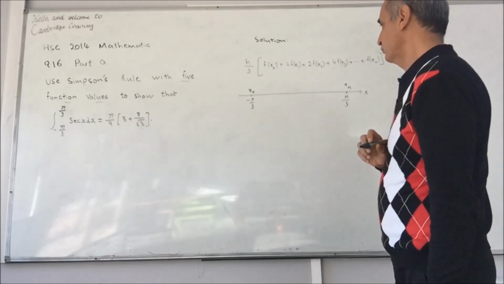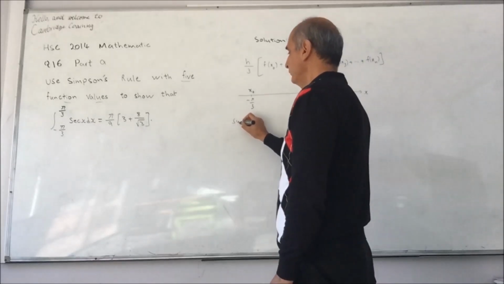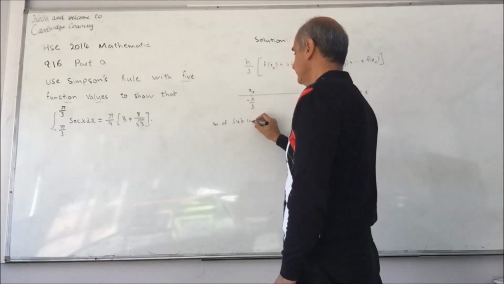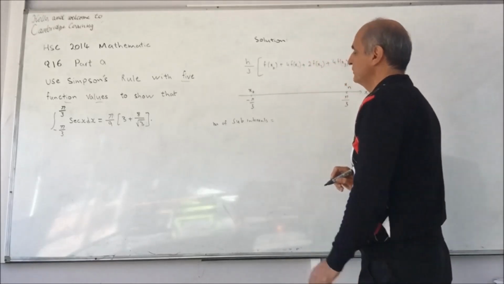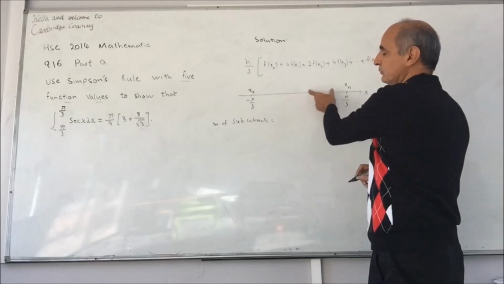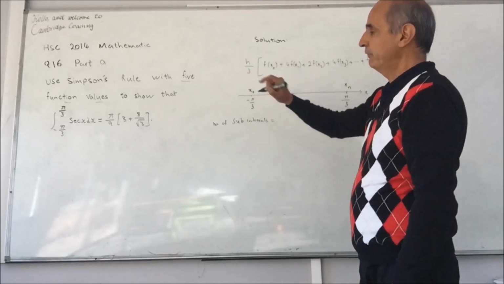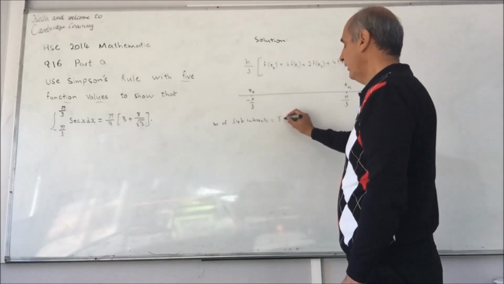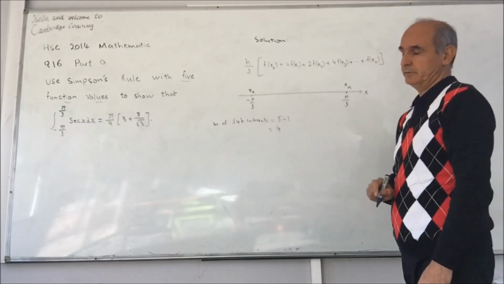The number of subintervals, which is the length between each subsequent x value, is 1 less than the number of function values. So they say 5 function values, so we have 5 minus 1, which is 4. So we have 4 subintervals.